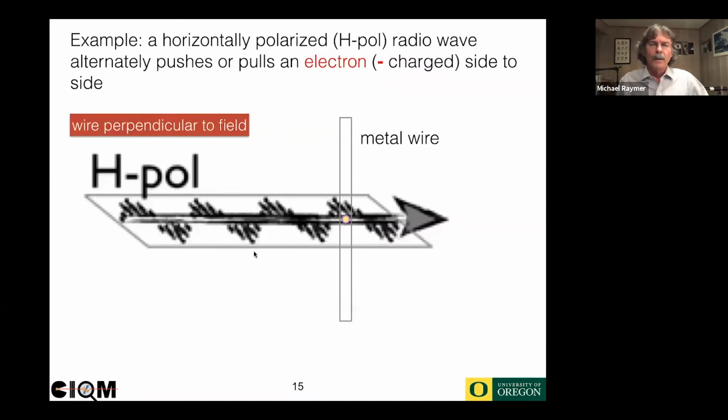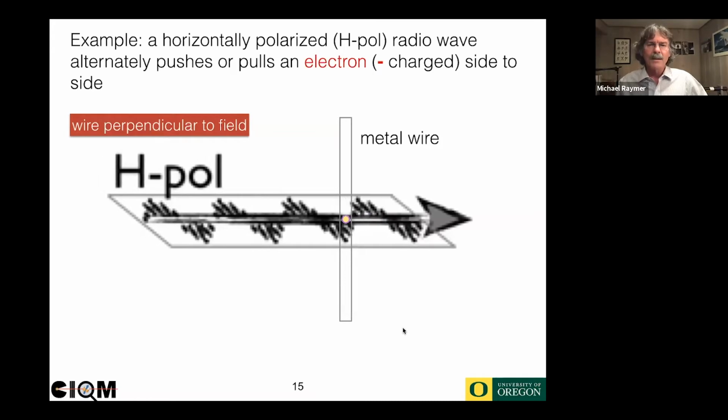Okay. Now, what if the wire is vertical and the field is now horizontally polarized, as I've tried to draw here in 3 dimensions? Well, think about what's going to happen as this light field passes the wire. The wire is very thin, so the electron cannot move very much to the sides. It can only move up and down.